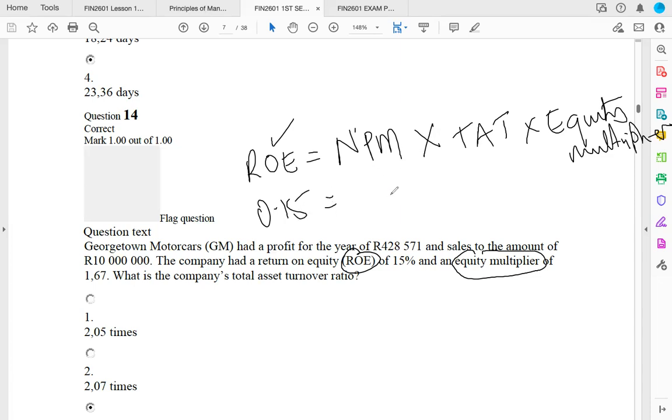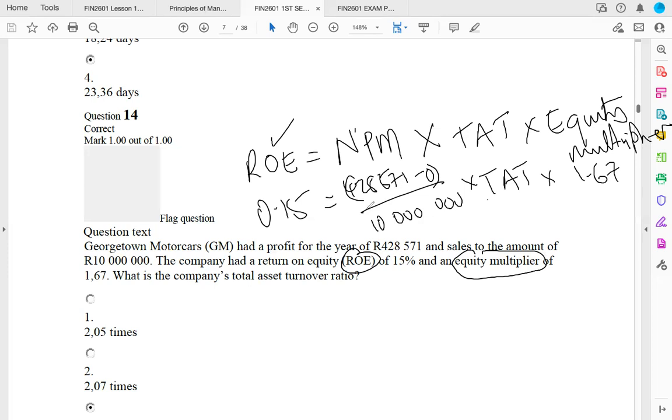Okay, we haven't been given our net profit margin, but our net profit margin is simply our net profit minus preference share dividends over our sales, right? We want to calculate the total assets turnover, and we've been given the equity multiplier. So we have everything we need here.